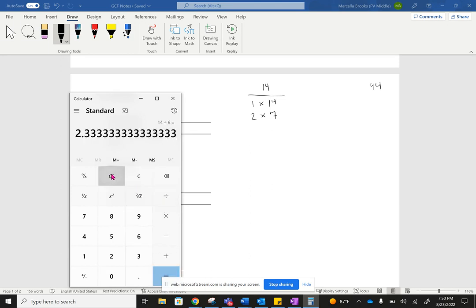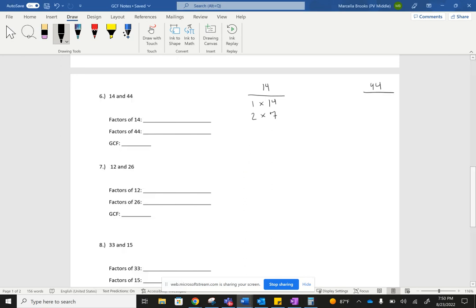No. And we already know that 14 divided by 7 is going to be 2. We already have 2 times 7 on there, so we're done with 14. The factors of 14 are 1, 2, 7, and 14. 1 times 14 makes 14, and 2 times 7 makes 14. I put them in order from least to greatest. All right, so factors of 44.